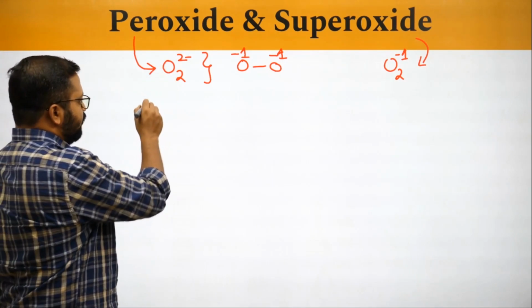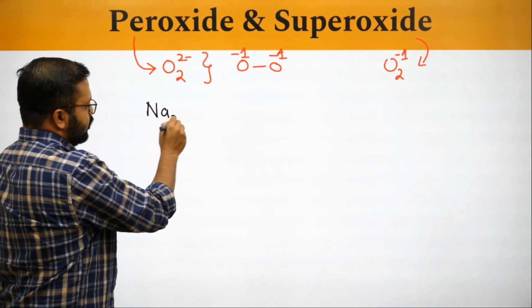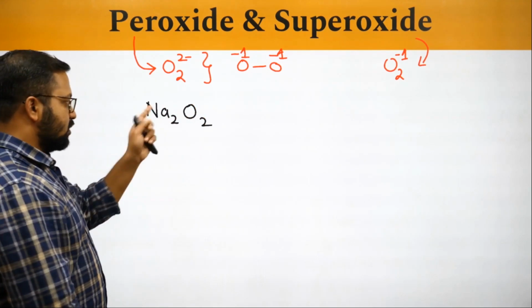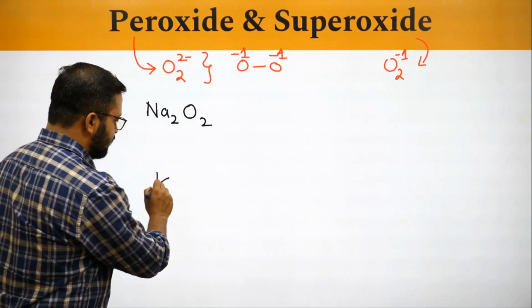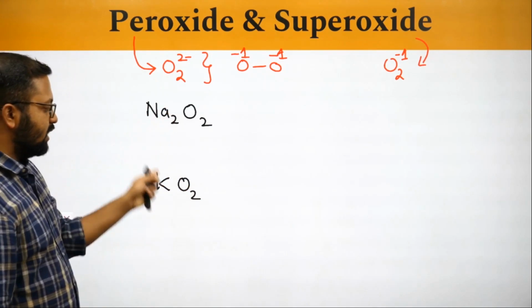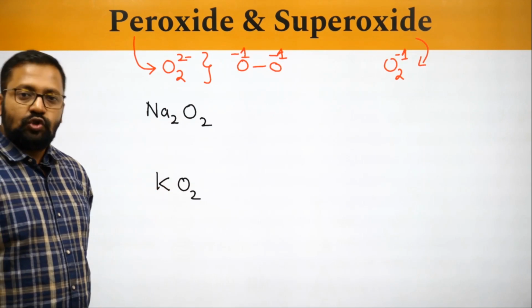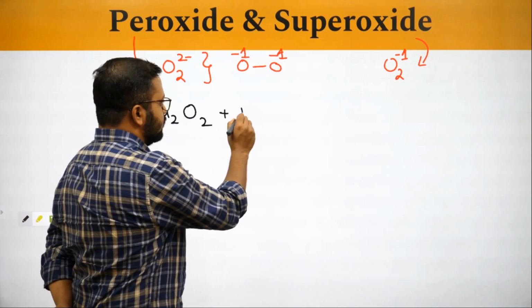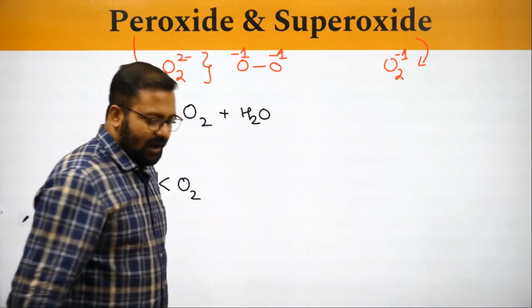Superoxide and peroxide group 1 में बहुत कॉमनली मिलता है हमें Na2O2 के फॉर्म में सोडियम पेरोक्साइड एंड KO2 where potassium superoxide. This is known as sodium peroxide. This is known as potassium superoxide. Okay, when you add this to water, what will happen?